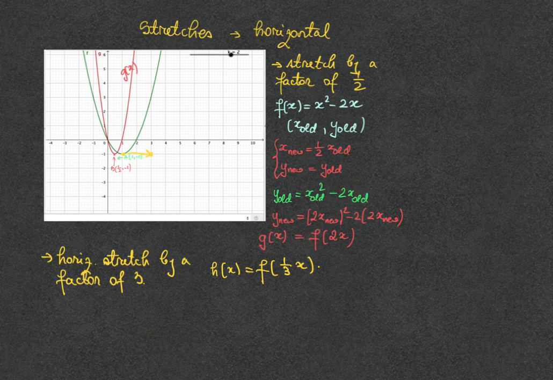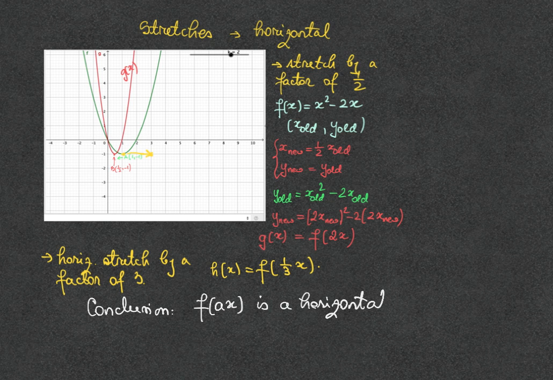Let's write a conclusion. So our conclusion is that f of ax represents a horizontal stretch by 1/a. So if a is bigger than 1, then it's a compression.